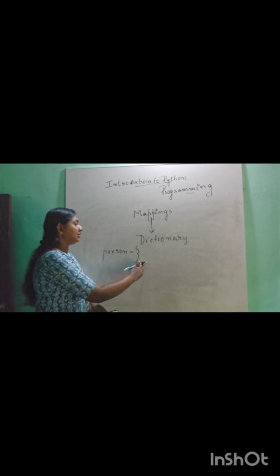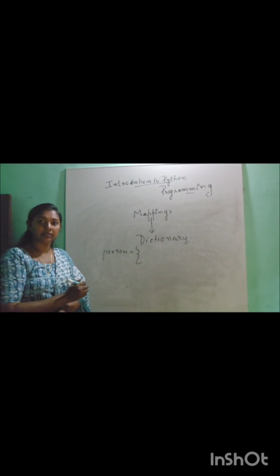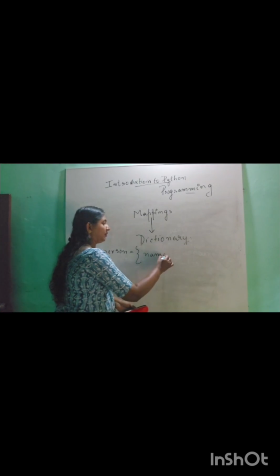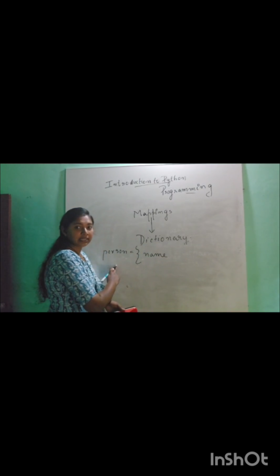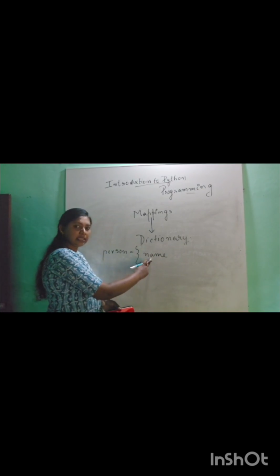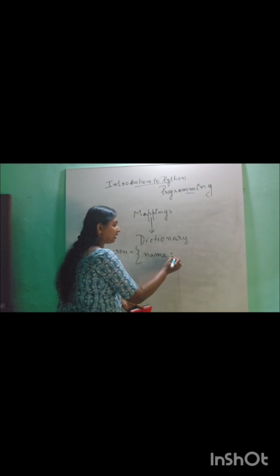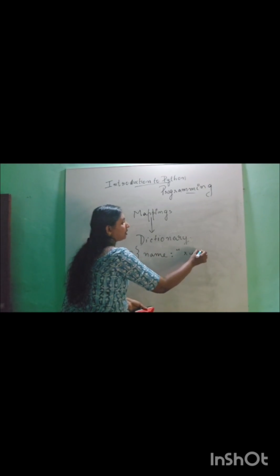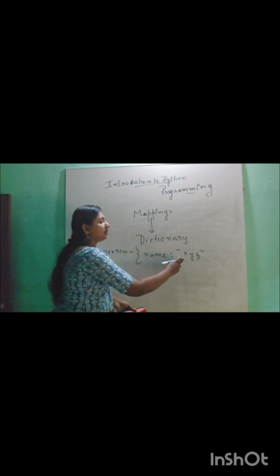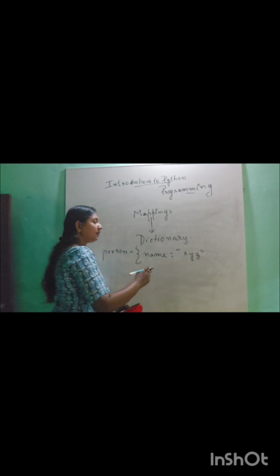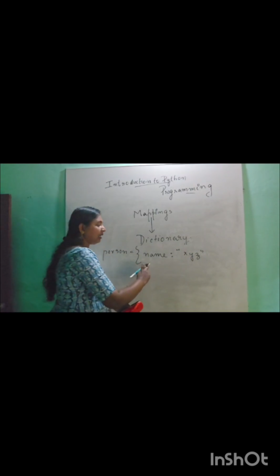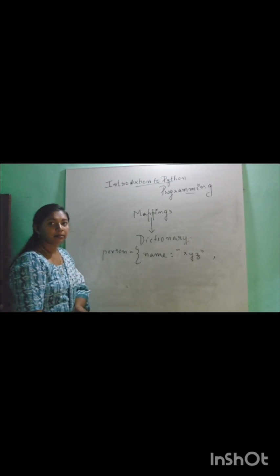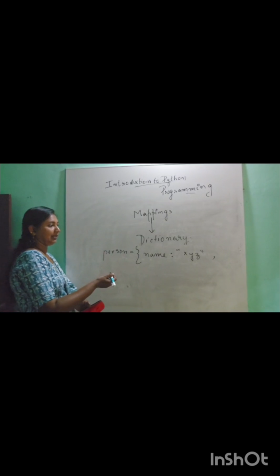So what is the first thing associated with a person? Obviously, it is his name. So name is the key and the value is XYZ. Here I am not giving any particular name, I am just giving the name as XYZ. Then one key value pair is over, so you have to put a comma before giving the next key value pair.